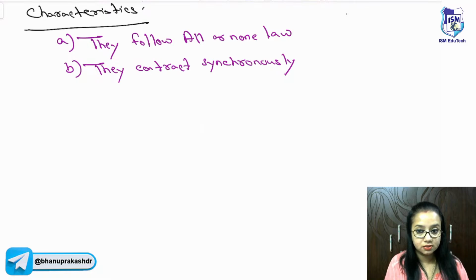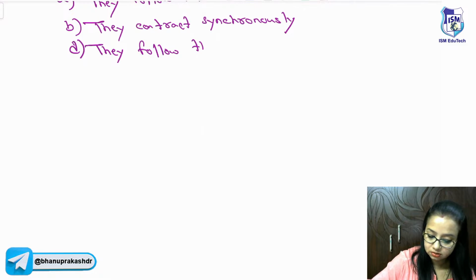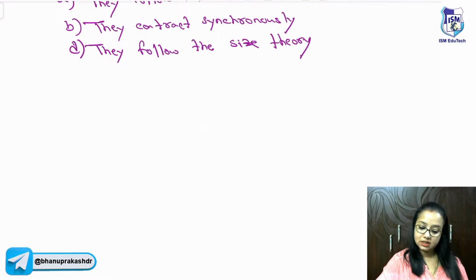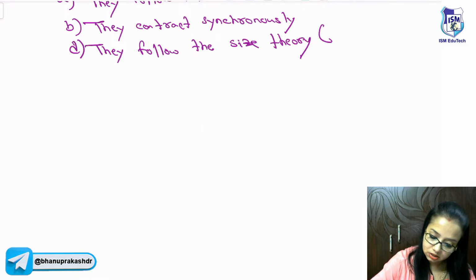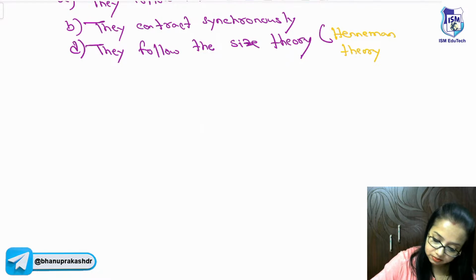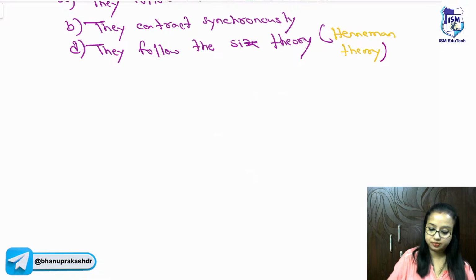Together they will contract. Okay. And they follow the size theory. Now, the size theory is also called the Henneman theory. Okay, it is also called the Henneman theory.